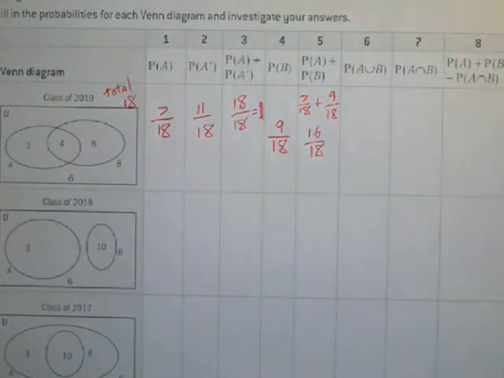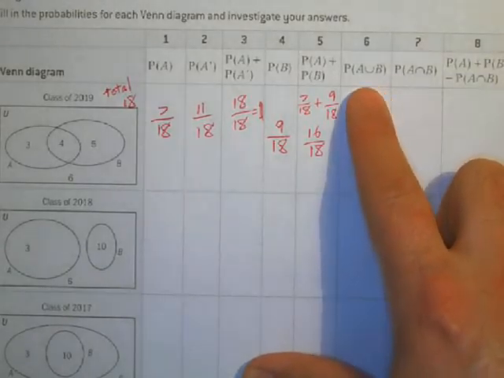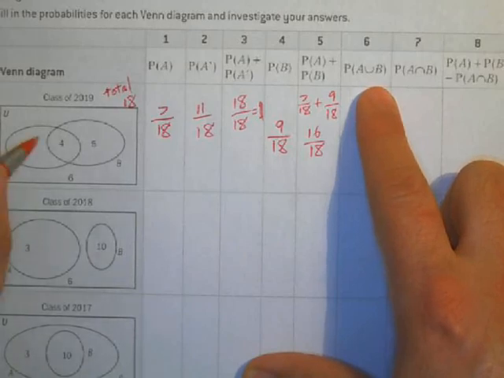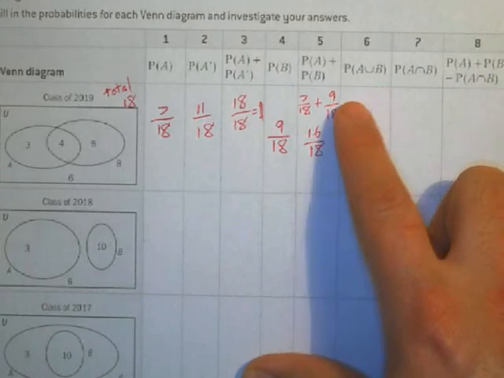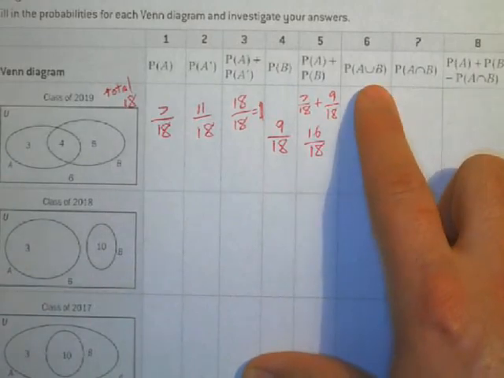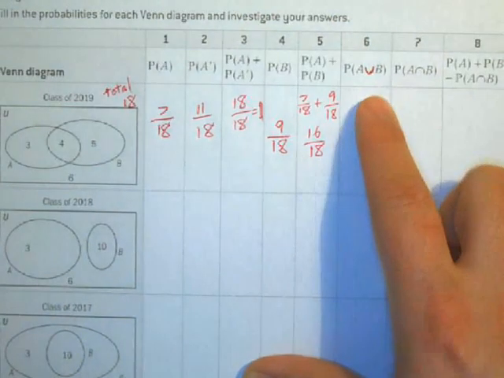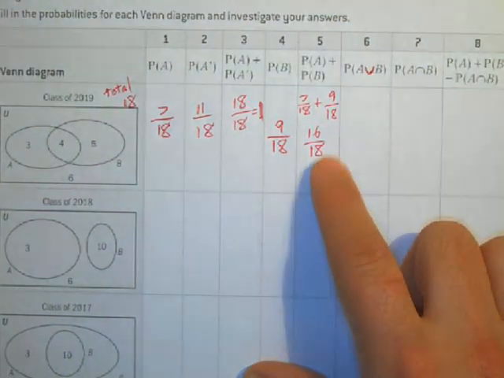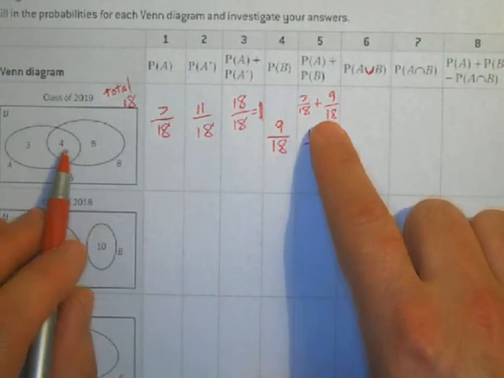And then next we've got the probability of A union B, oh, sorry, this is intersection. Oops. There's something wrong here. 3 plus 4 is 7. 4 plus 5 is 9.